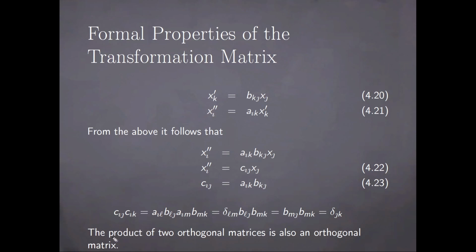So the conclusion is that the product of two orthogonal matrices is also an orthogonal matrix, which is a specific example of what is known in mathematics as a closure under the group property.